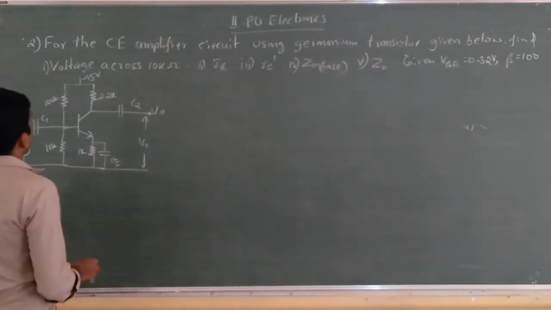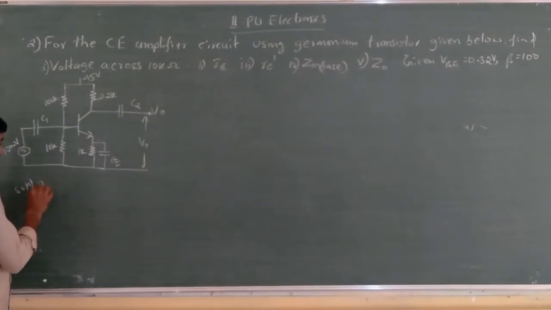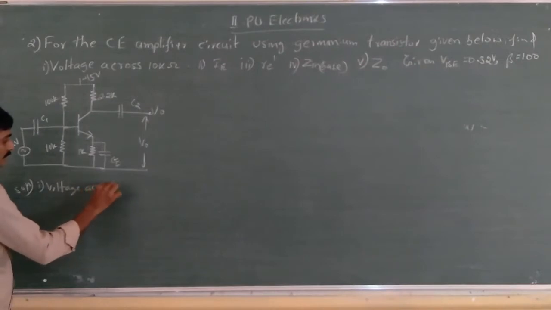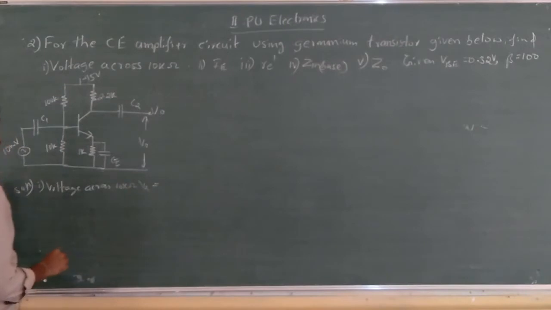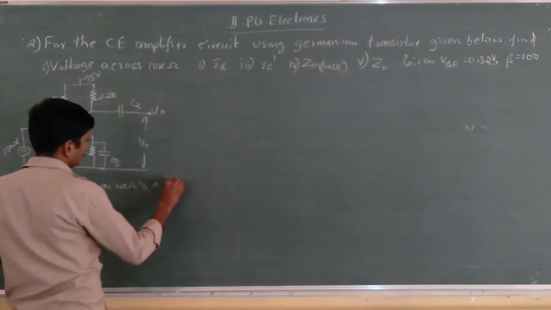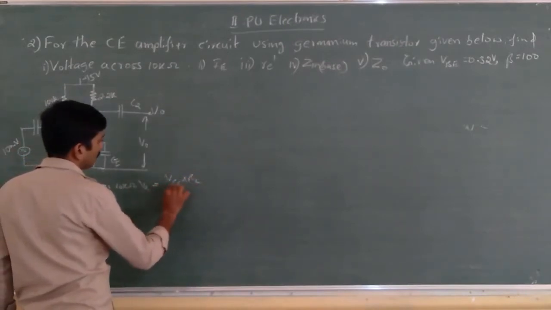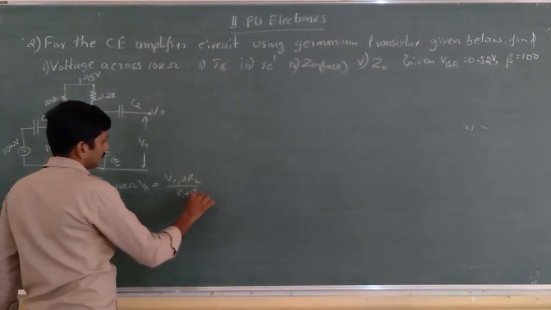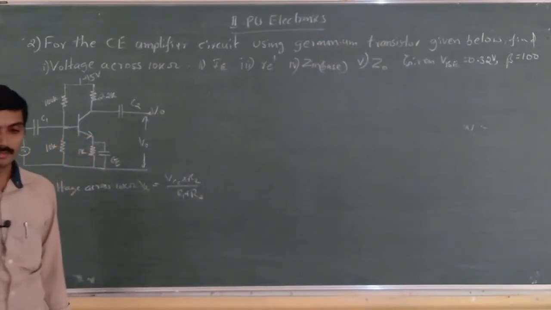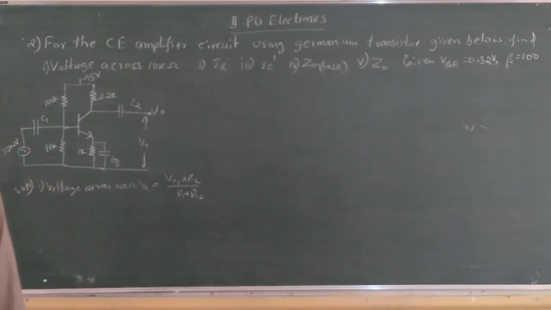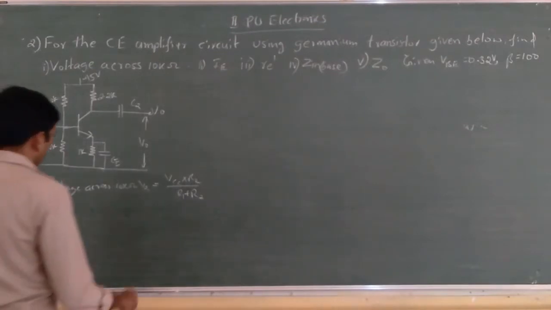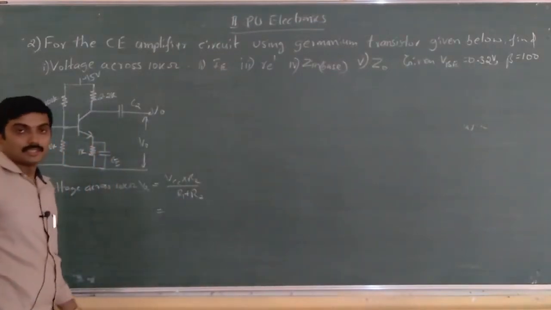So, voltage across 10 kilo ohm, first one, is V2 equal to VCC, first write the formula, VCC into R2 divided by R1 plus R2. See, in all these types of problems, the formula writing is very important, otherwise you won't follow the steps, or sometimes you can't follow the answer.